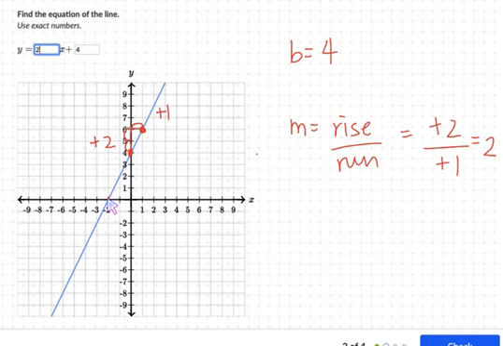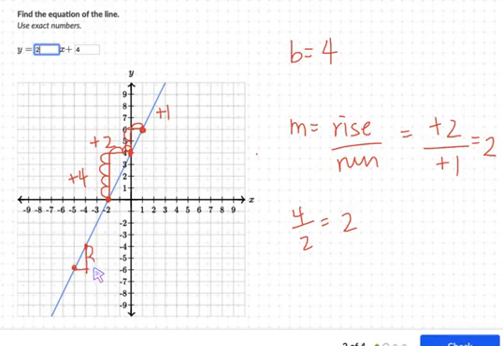And I can always double check by using 2 other pretty points. So this is going up 1, 2, 3, 4, and this is going over 1, 2. So 4 divided by 2 is also 2. I could have used these two pretty points and drawn my triangle this way.